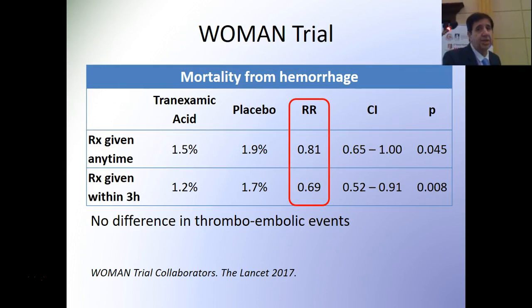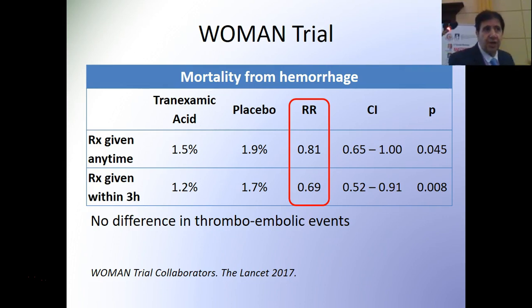again, this is the WOMAN trial, mortality from hemorrhage. The relative risk of mortality from hemorrhage, when the tranexamic acid was given within 3 hours, was 0.69.